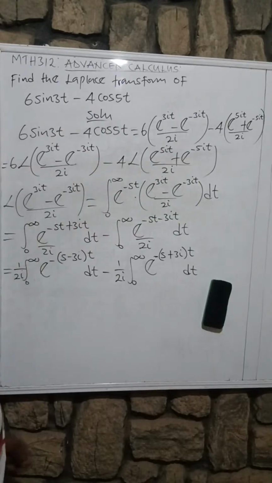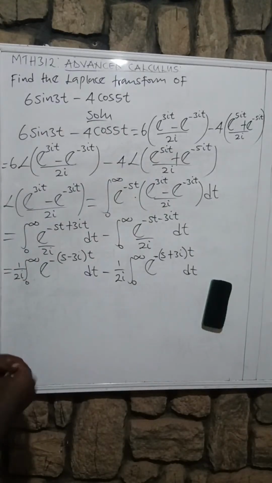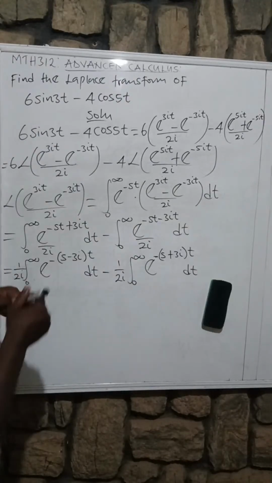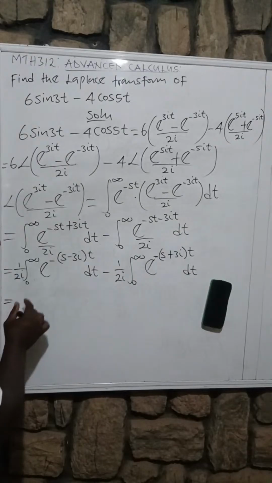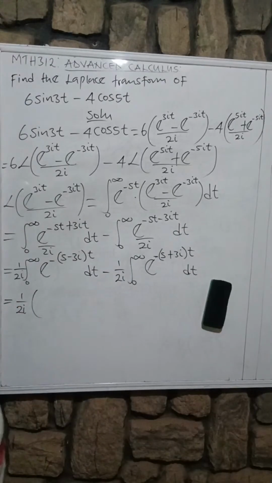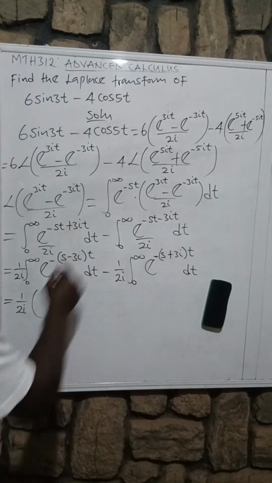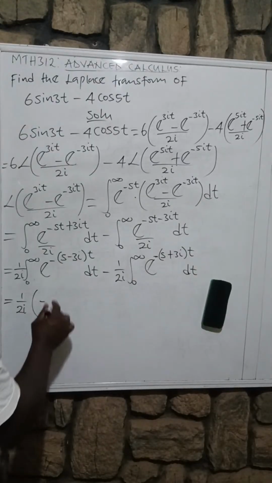True, right? So this is equal to 1 all over 2i.